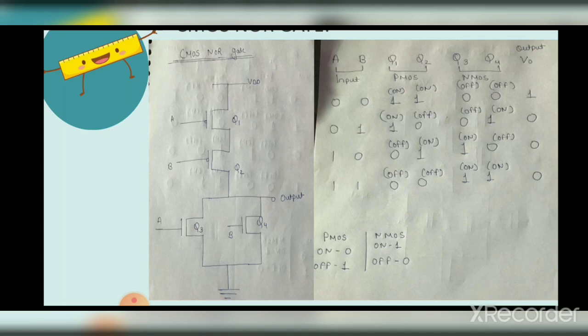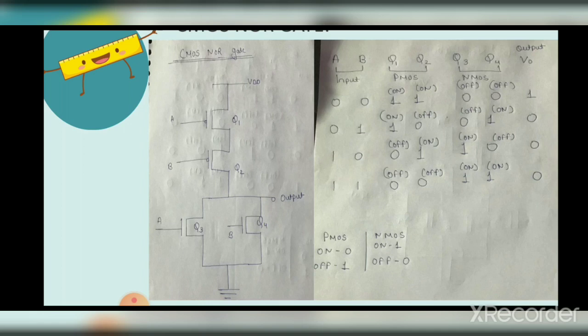When one input is high, which means A is 1, and the other input is low, which is B is 0, then in this case Q1 is off and Q2 is on, Q3 is again on and Q4 is off.